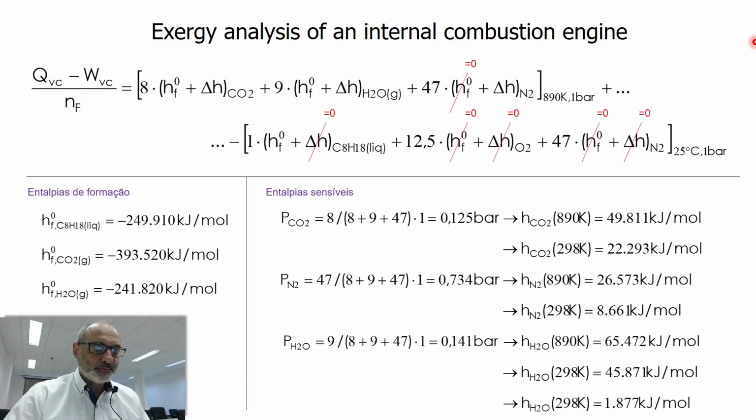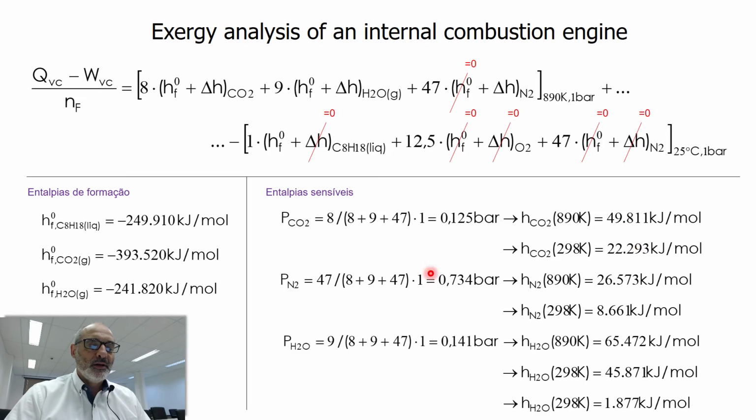So 8 divided by 8 plus 9 plus 47 is the molar concentration of CO2, times 1 gives 0.125 bar, which is the partial pressure of CO2. And we calculate its corresponding partial pressures at these two temperatures, 25 degrees and 890 degrees.